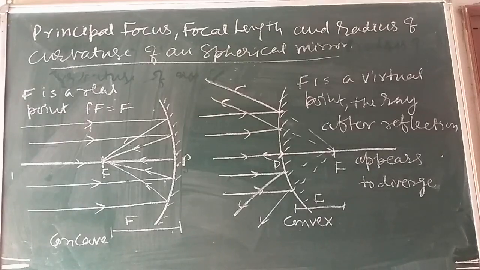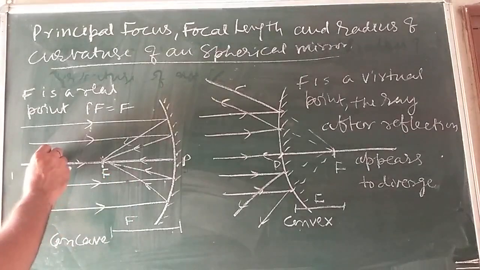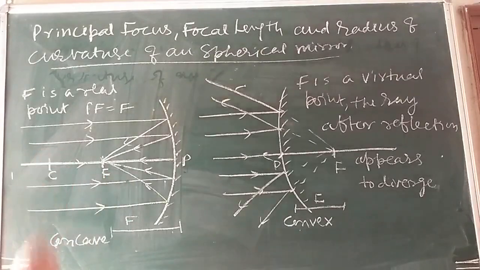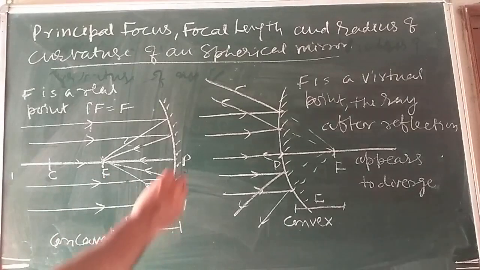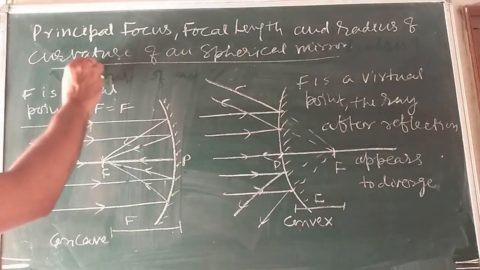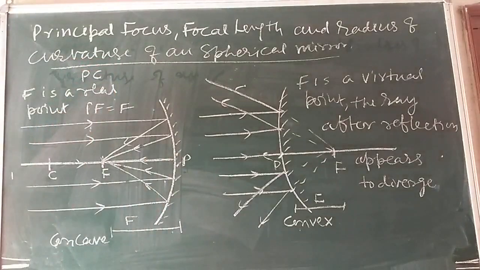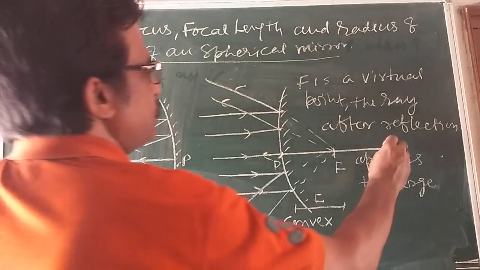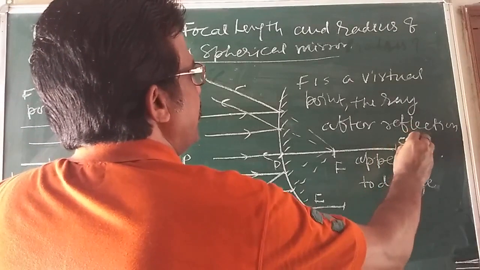So children, what I want to say, here is a point called the center of curvature. The distance between P and C is called the radius of curvature. Here it is a point C.